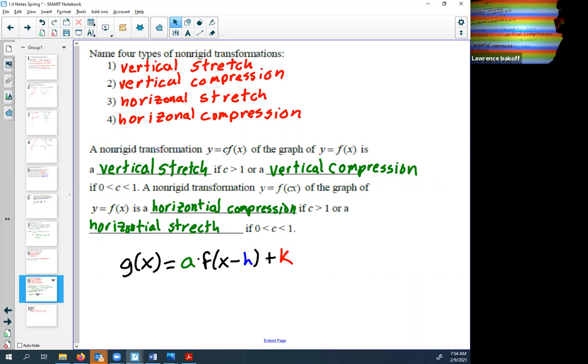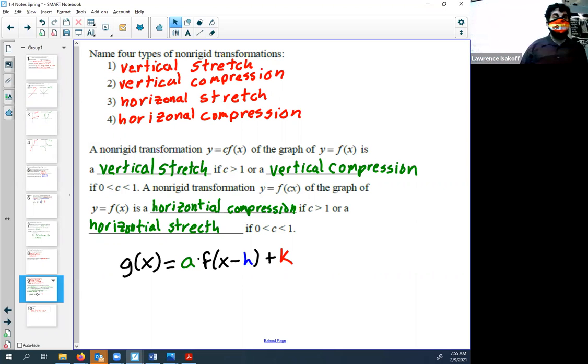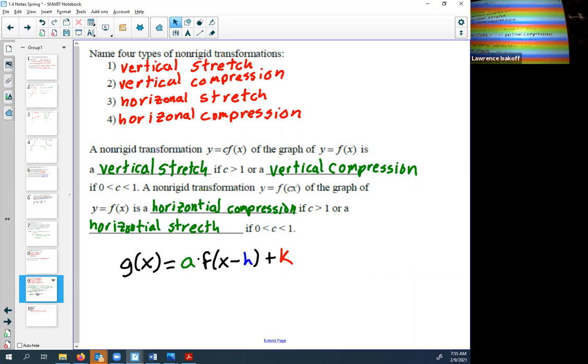So for values that are bigger than 1, you will have a stretch. If I put a number in front of a function, like where this a is, and that number is bigger than 1, I stretch out. If this number is a fraction between 0 and 1, it compresses. So here is a big summary of this.